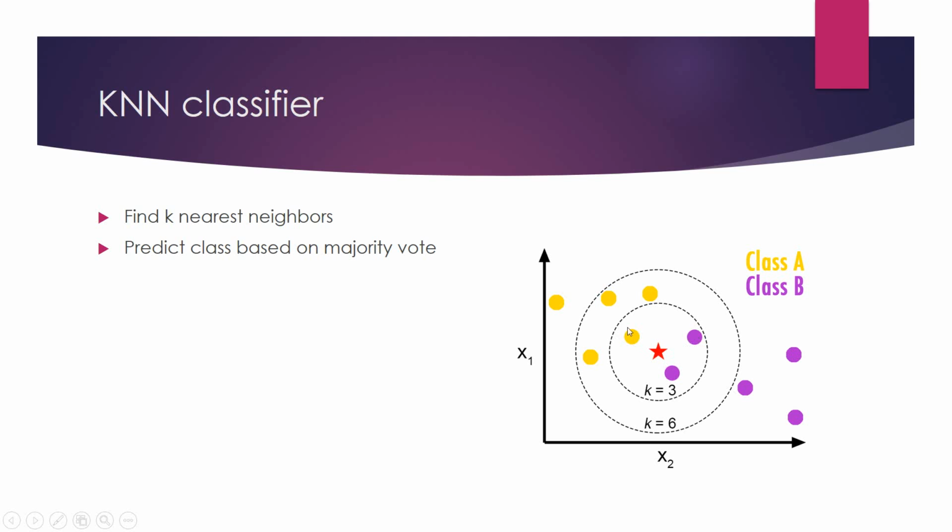If k equal to 6, four neighbors are of class A and two neighbors are of class B. So the classifier assigns class A to the data point star. So this is how the KNN works, and let's see what results we got with KNN.